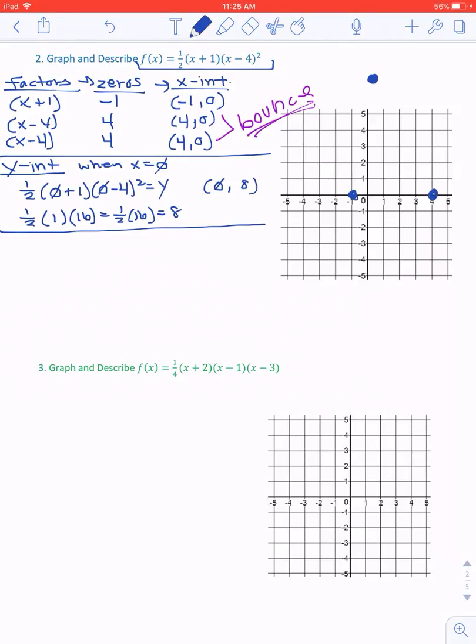Okay, we need to find out our end behavior. So our a value, 1/2. Why do we care about that? We care if it's positive or negative. So it's positive, so it's right side up. Go to your right side, point up. All right, how about our degree?